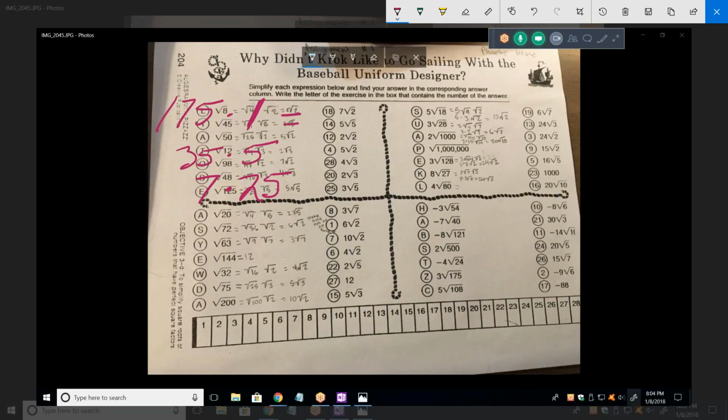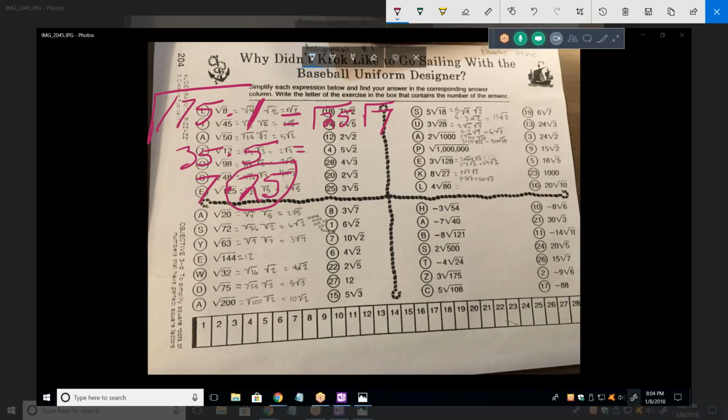What's the square root of 175 equal to? Radical sign 7 times... wait, no. Put that radical number first. Yeah, radical sign 25 times radical sign 7. Put the perfect square number first, because you're going to pull it out next.